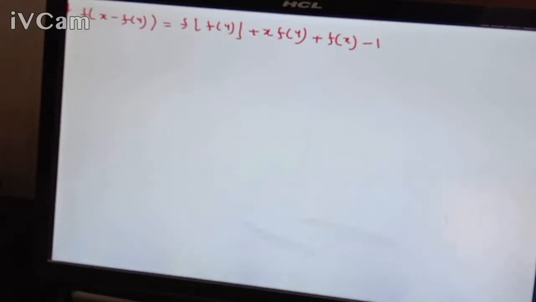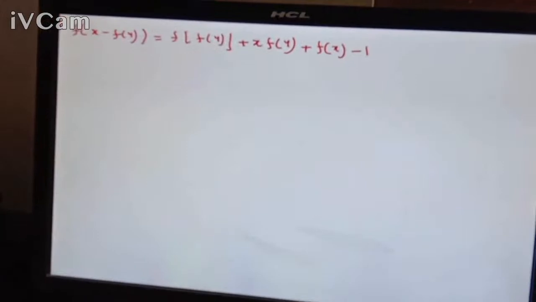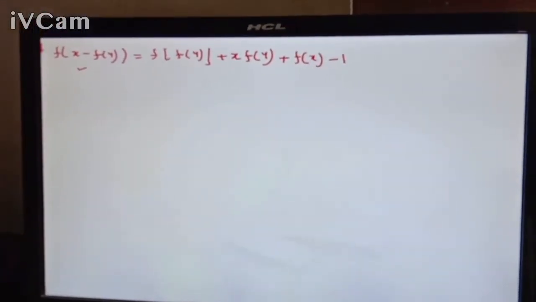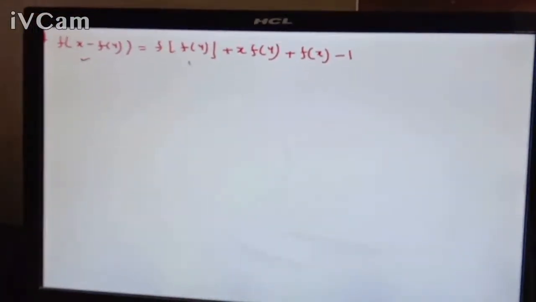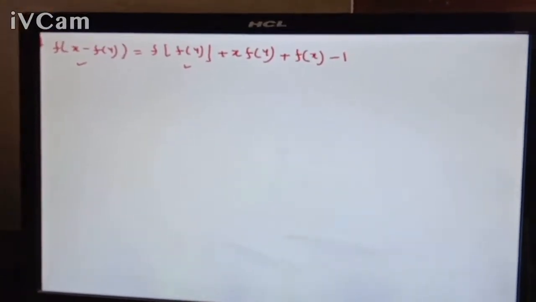Now how to solve that type of functional equation? It is something different. At first, look at this point: f of x minus f(y), then f of f(y), and then x into f(y).